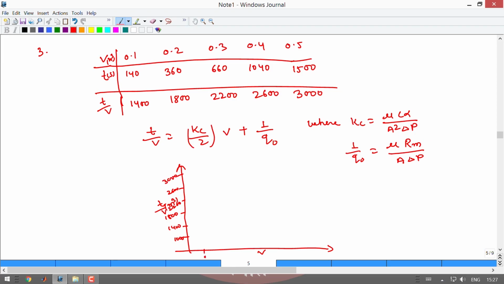Volume 0.1, 0.2, 0.3, 0.4, 0.5. So here if you plot the graph, you will also get the same straight line.